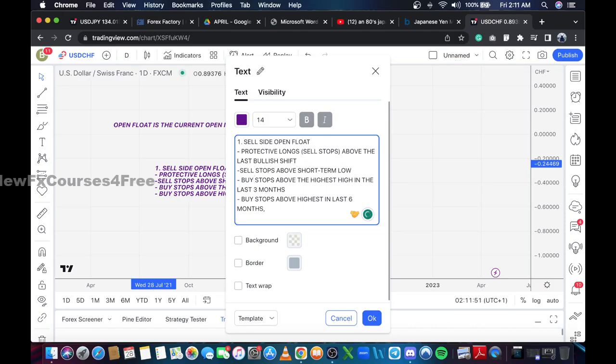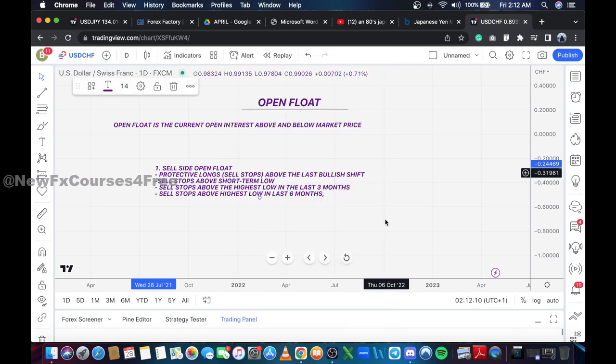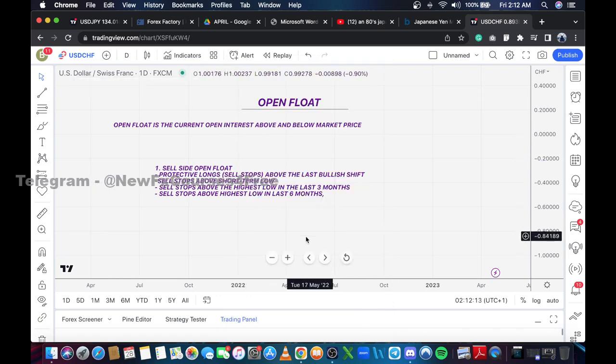Then you're also going to have sell stops, again, we're just reversing everything for the sell side, above the highest low in the last 3 months. Again, sell stops above the highest low in the last 6 months, and that is for sell side liquidity.